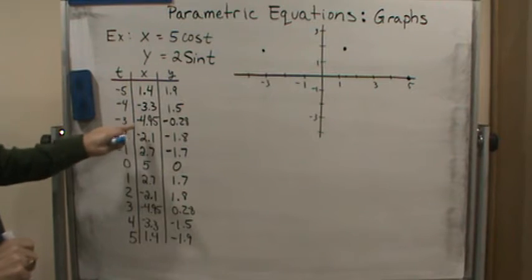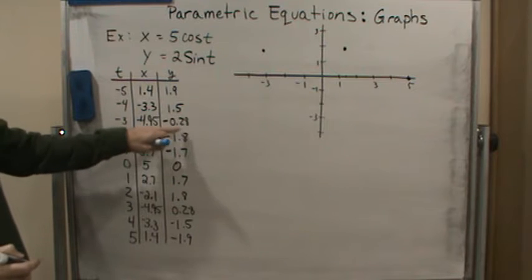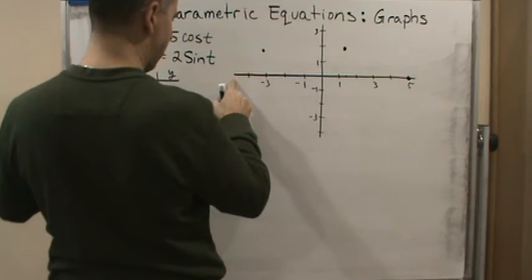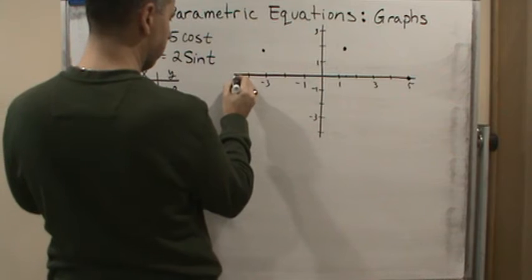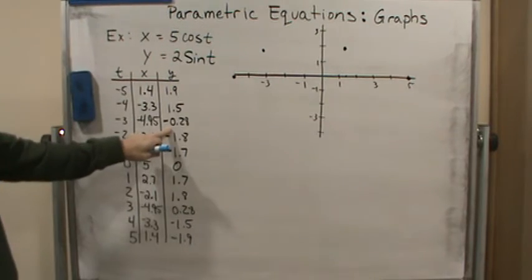And then at t = -3, we're at approximately -4.95 and -0.28. So -4.95, that's probably right about here, and -0.28, so let's say about there.